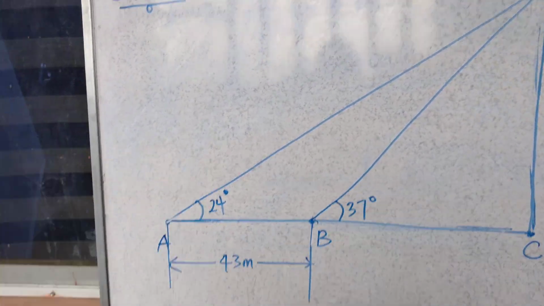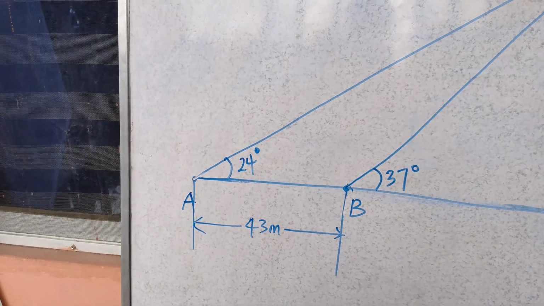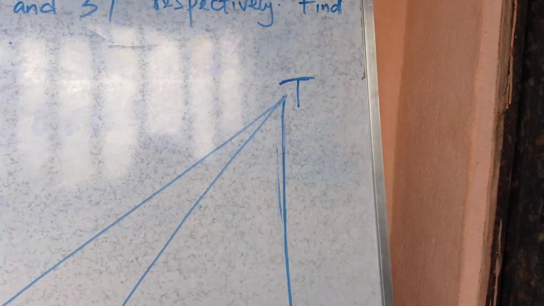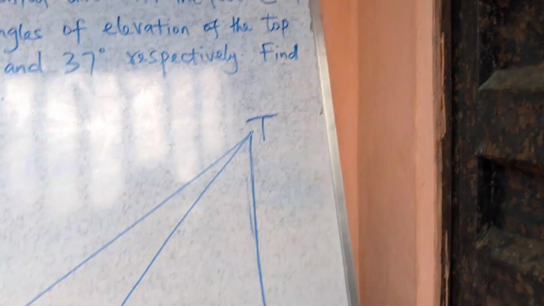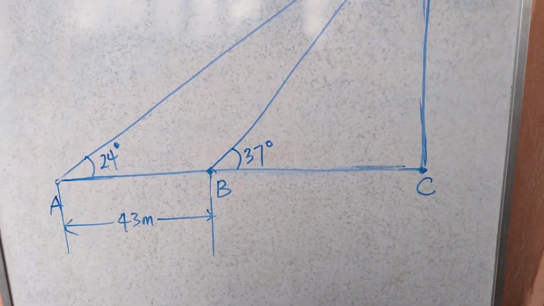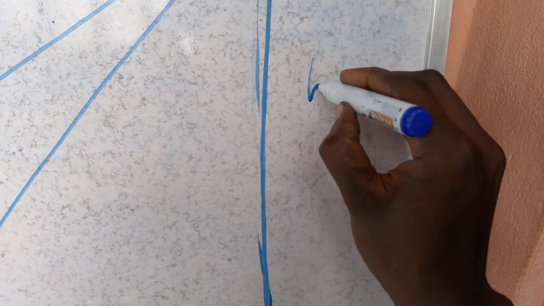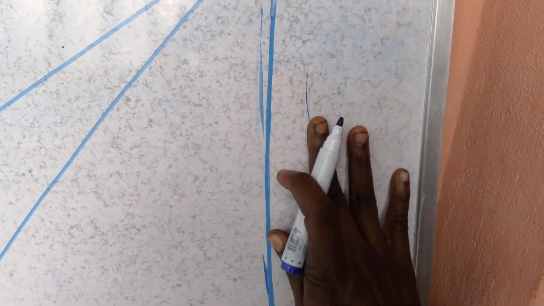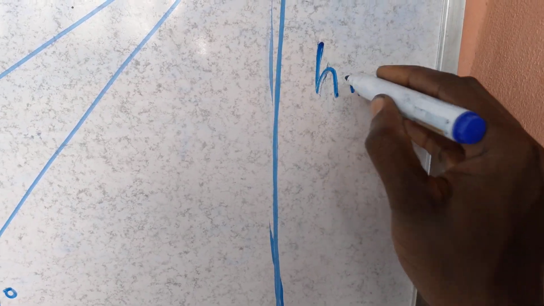So we're having that: the angle of elevation of the top of the pole T from A is 24 degrees, and from point B is 37 degrees. It says find the height of the pole. The height of the pole is small h, measured in meters.